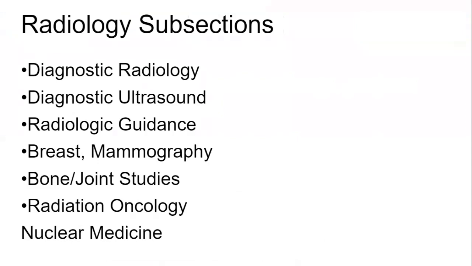Radiologists can provide services to patients independent or in conjunction with another physician of a different specialty. The radiology section of the CPT manual is divided into subsections. These are the subsections that you see here: diagnostic radiology, diagnostic ultrasound, radiologic guidance, breast mammography, bone joint studies, radiation oncology, and nuclear medicine.